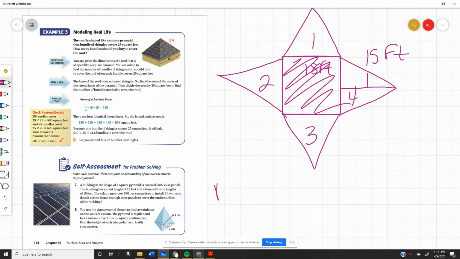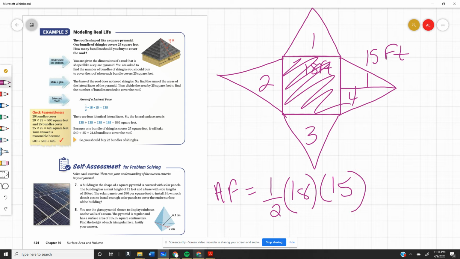So we're going to say area of the face is equal to 1/2 times the base, which is 18, times the slant height, which is 15, which is basically 9 times 15, which is going to be 135. Is my math right? Yeah, 135. Okay, so this 135 represents the area of this one lateral face right here.